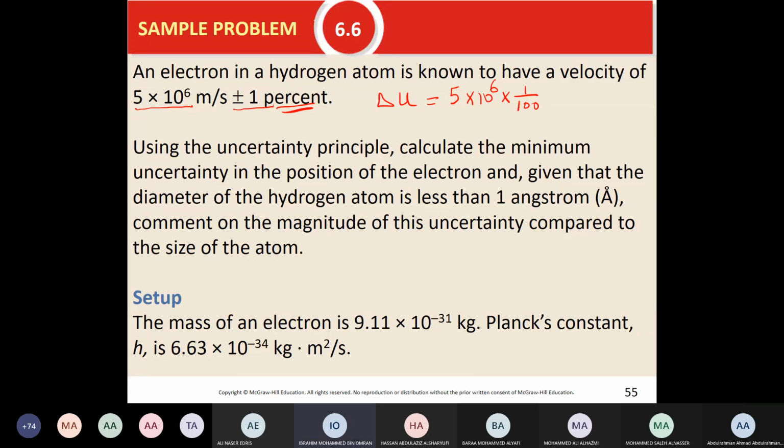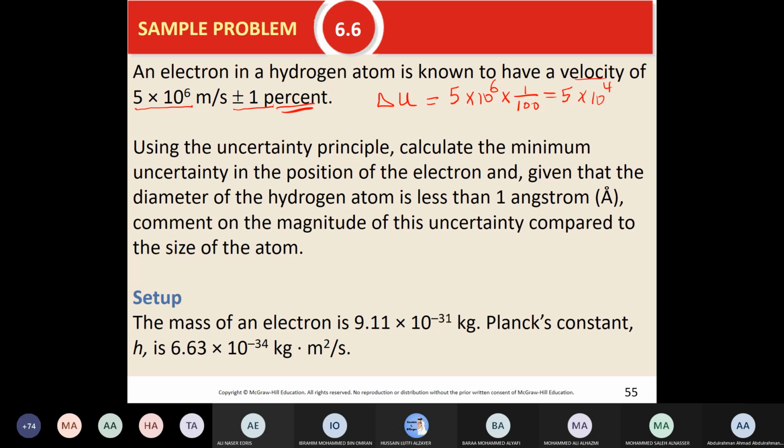The plus or minus, this is the error. You can say it's plus or minus this number. But this is the error, right? Okay, what's the answer? 5 times 10 to the power 4. Okay, that's the error in the speed, the velocity u.